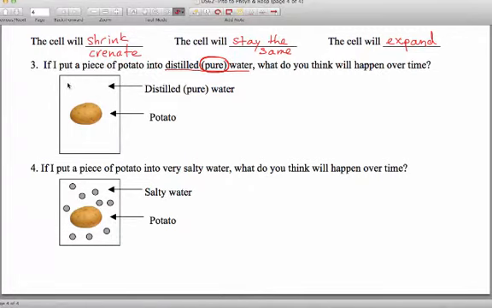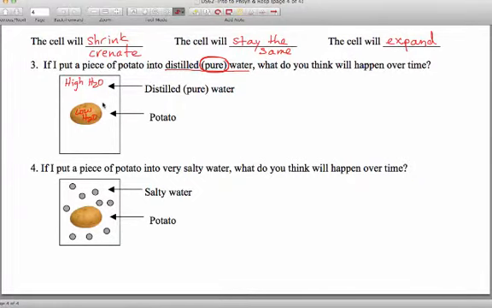I'm going to say that this is high H2O because there are no particulates or solute floating around inside the water because it's pure. I know that a potato has water inside of it, but it has a lot of other stuff, so that means H2O is going to be low. So I have low H2O inside.